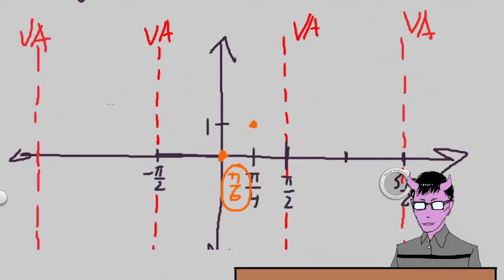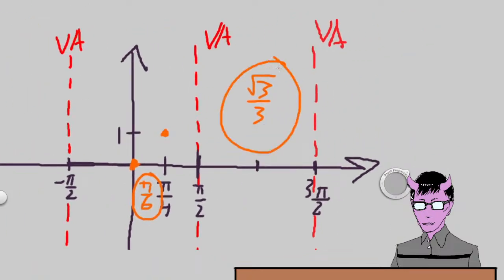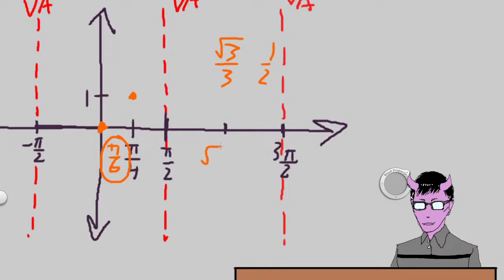So what is root 3 over 3? It's less than, wait, what is this? Well, what's 1/2? Let's compare this to 1/2 because we're trying to determine something, right? Is it going to be less than or greater than? Well, let's first change to a common denominator. So that's going to be 2 root 3 over 6 in comparison to 3 over 6.